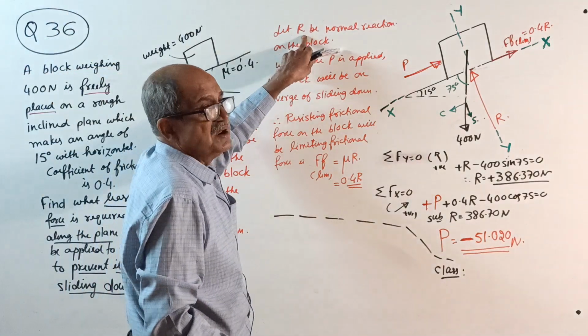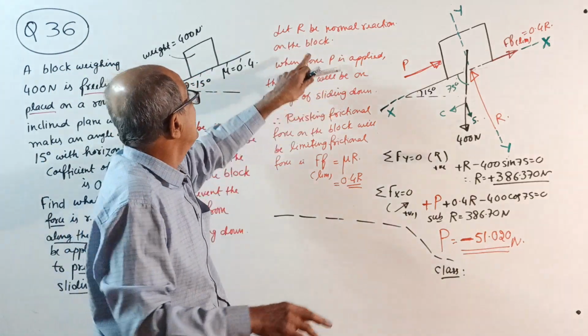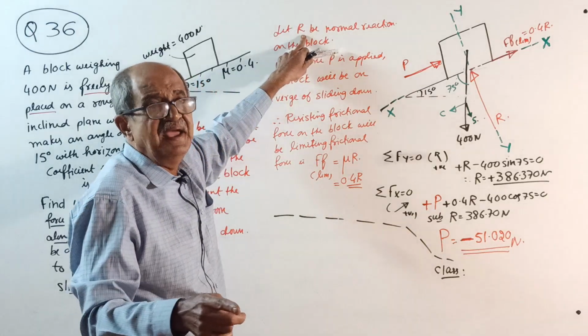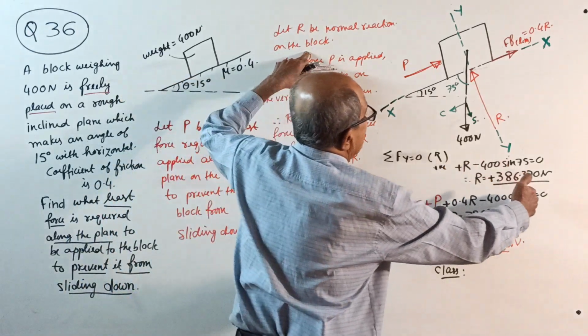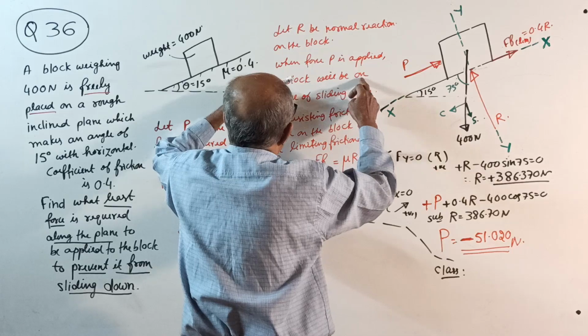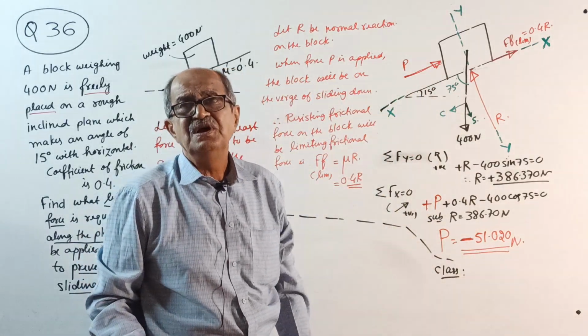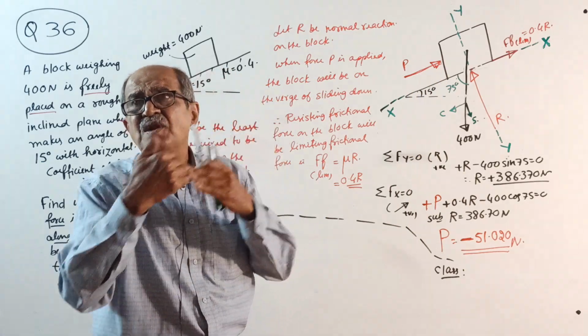Now, the usual statement; I am not rubbing it out. In today's all 5 questions, this will be there, and I will not explain it again and again. Let R be the normal reaction. When the force P is applied, the block will be on the verge of sliding down, because it is the least force. Little lesser means the block will slide.